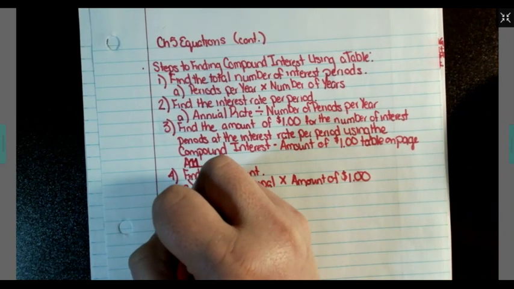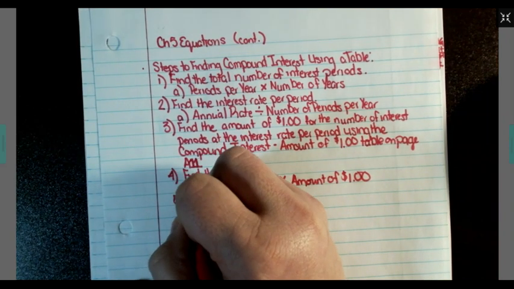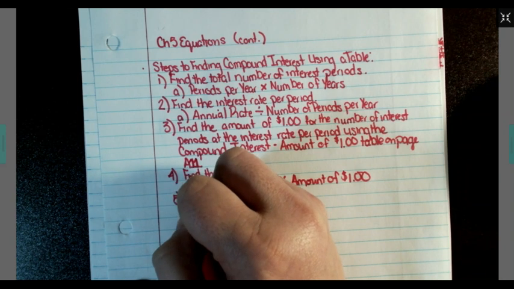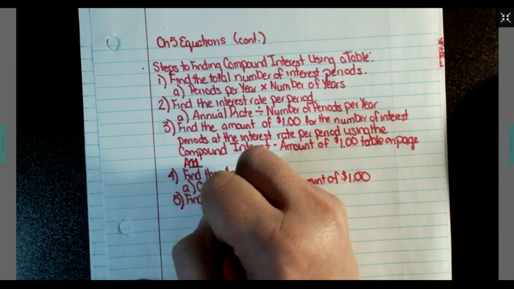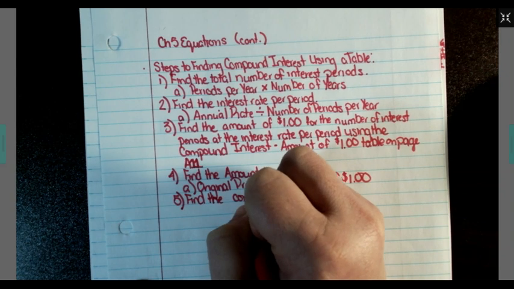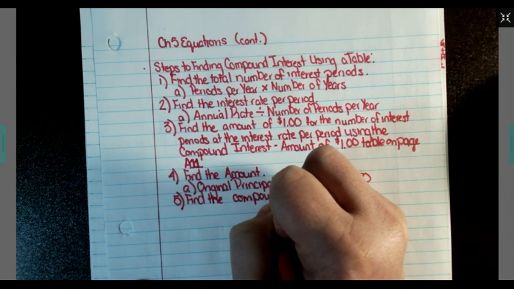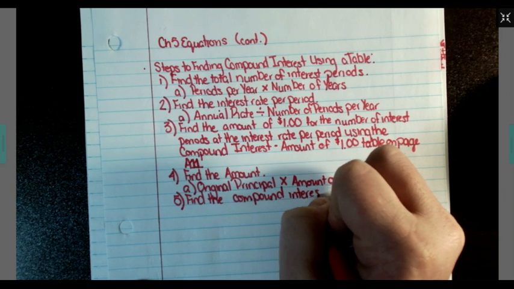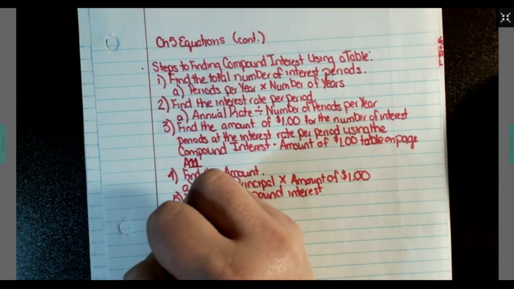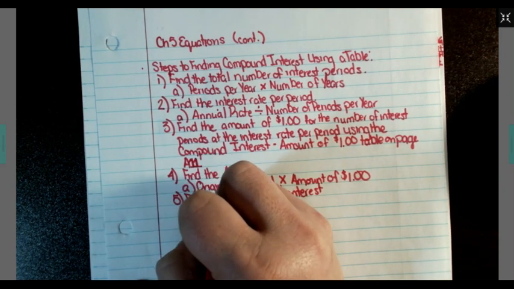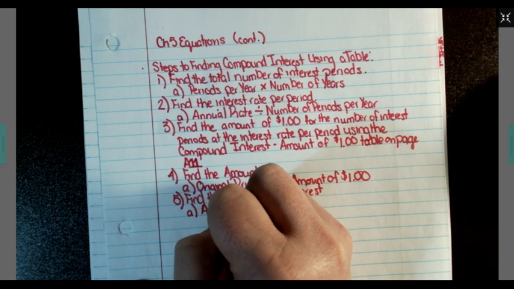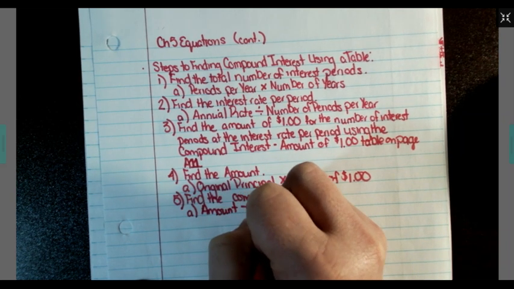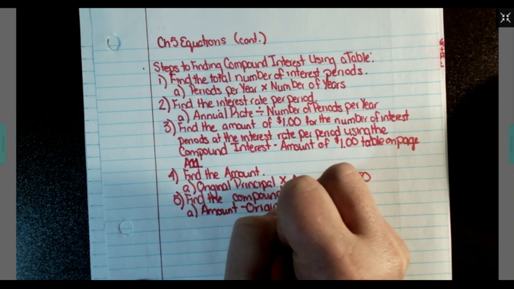Step 5. Find the compound interest. In order to do that, you're going to take your amount and subtract the original principal.